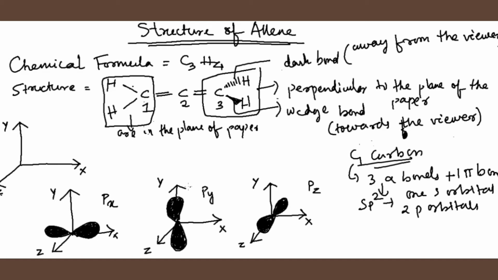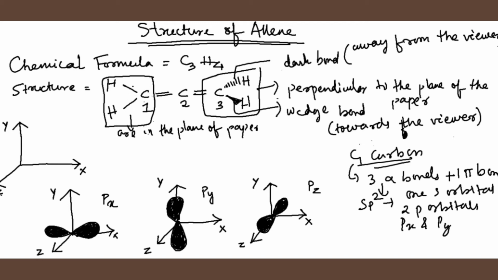The 2 p orbitals will be px and py. Since we have considered that these two hydrogens are in the plane of the paper and the xy axes are in the plane of the paper, px and py orbitals will be involved in the hybridization of the C1 carbon for the sigma bond formations. Fine. So px and py orbitals are involved in the sigma bonding.